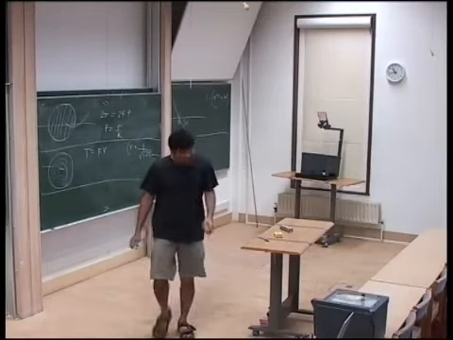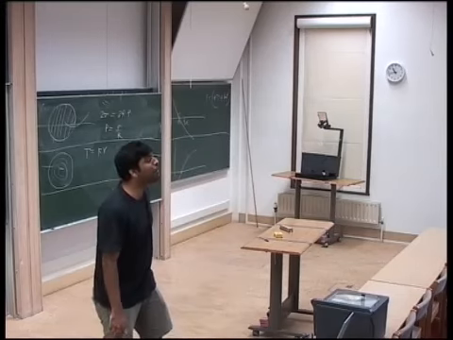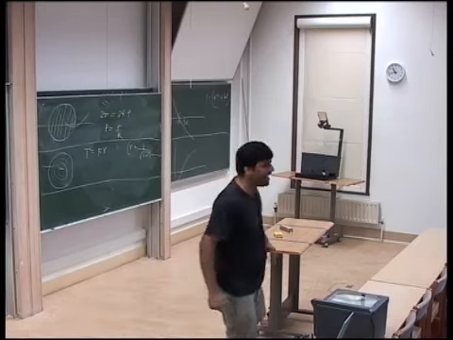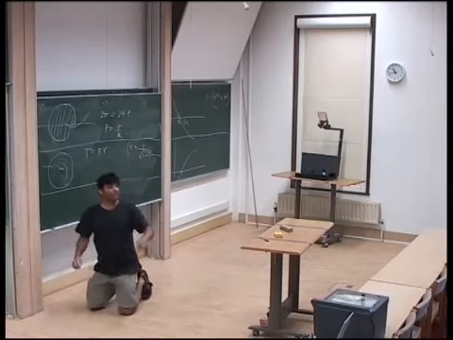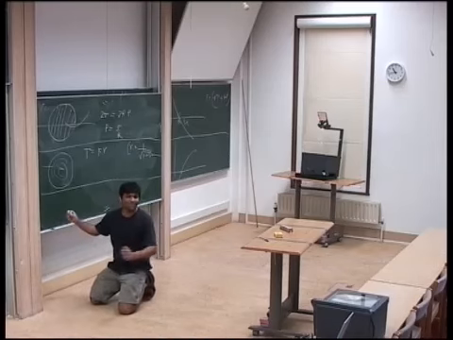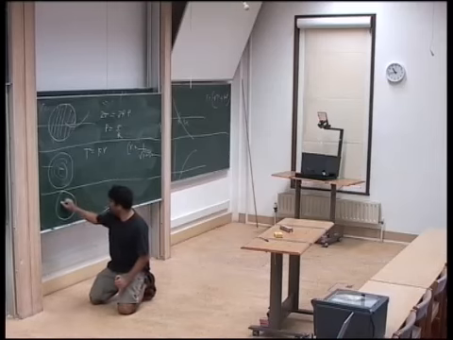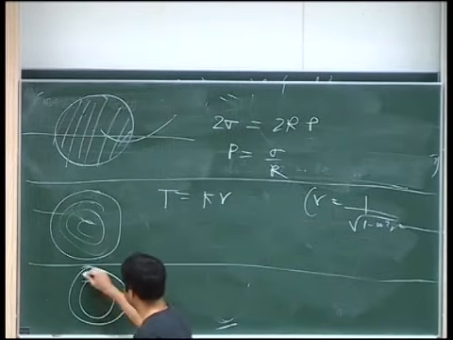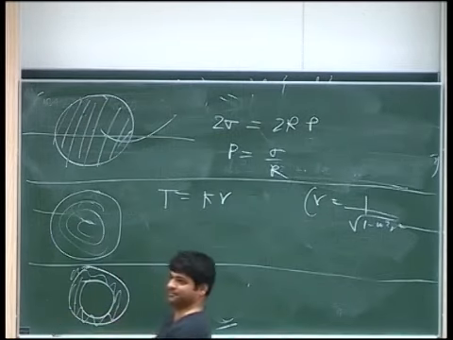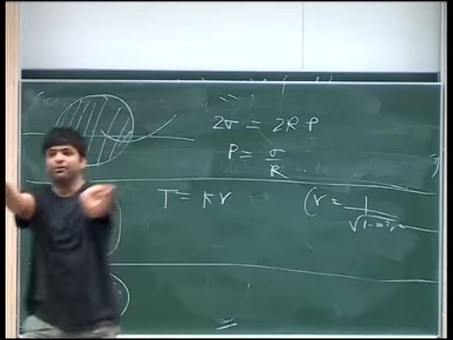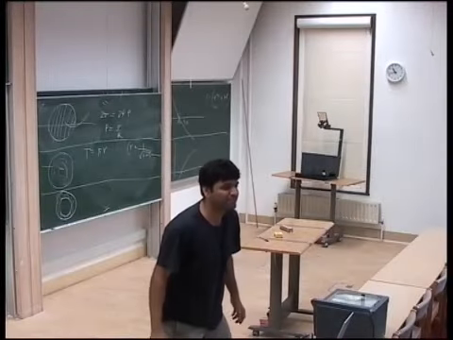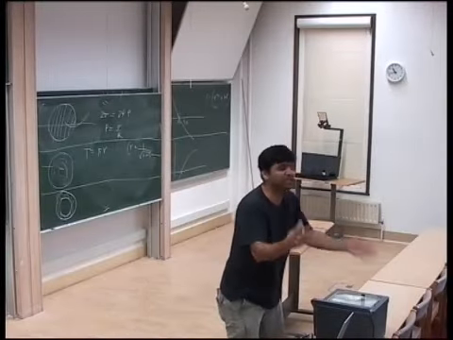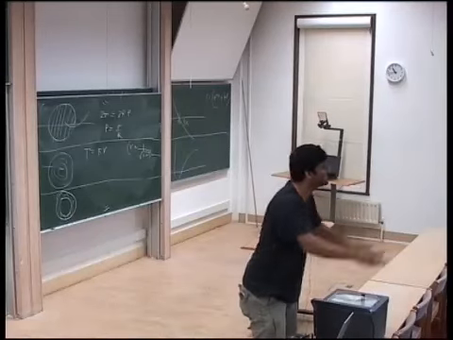However, there is a third set of solutions that is a little more interesting than this one. Okay? The third set of solutions looks like this. Instead of having one boundary, it's also rotating in a rigid fashion, but instead of having one boundary, it has two. So it's a ring of fluid, an annulus of fluid that is rotating. This is the third class of solutions to the equations of fluid dynamics in this context.